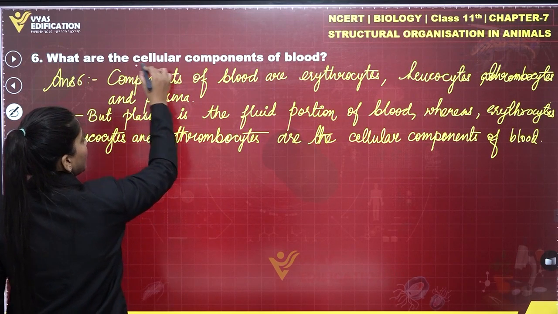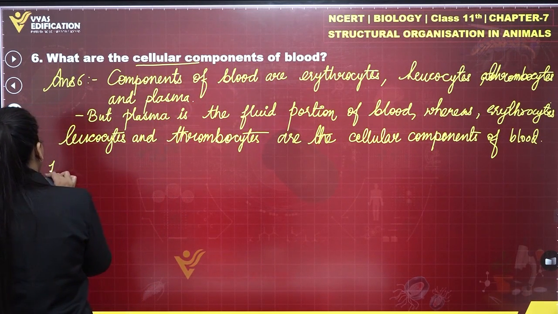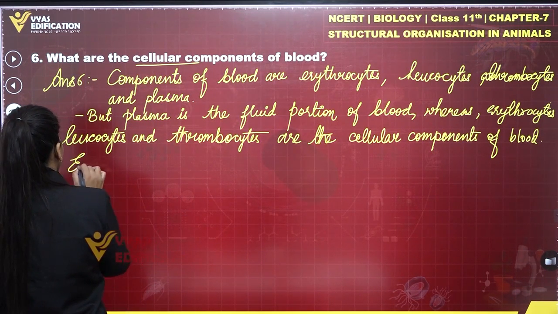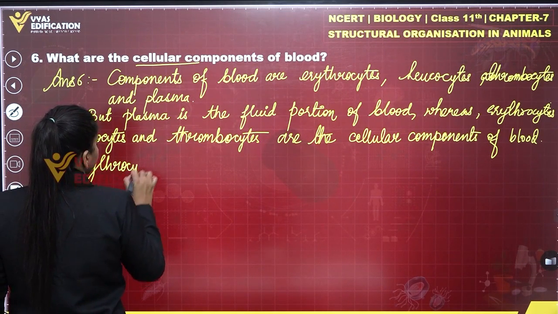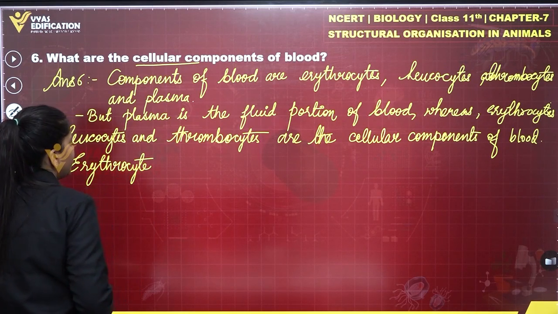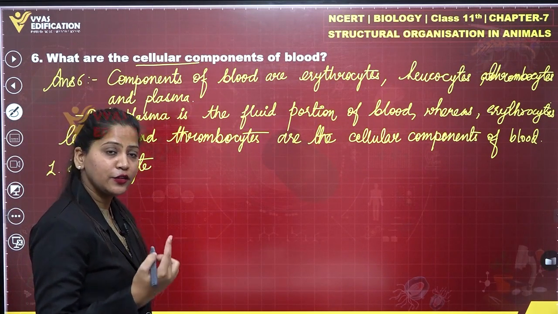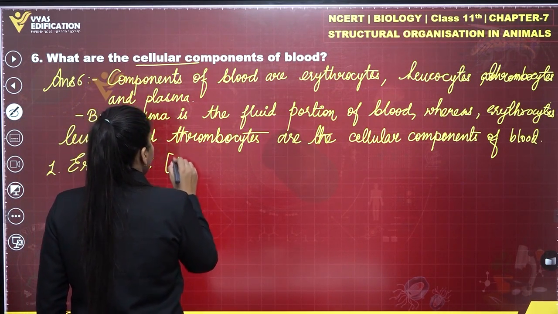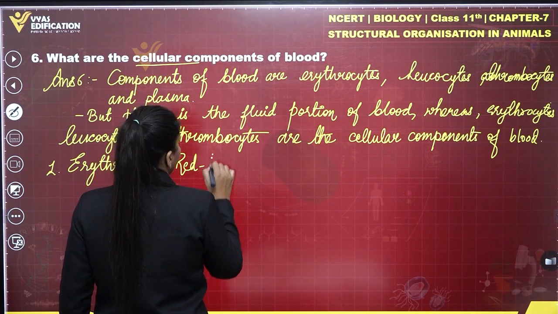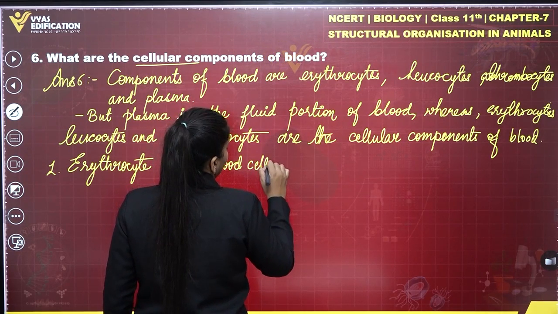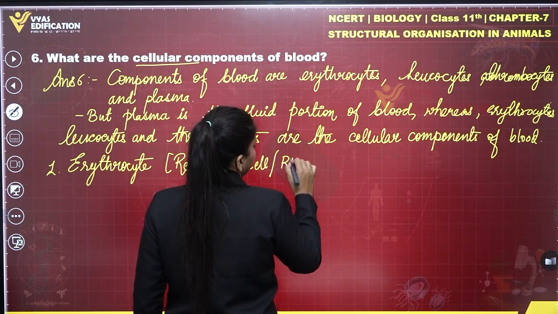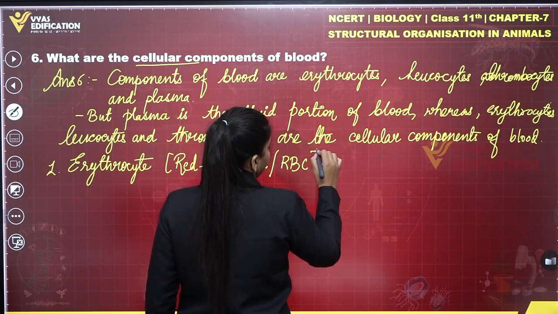Now let's talk about the cellular components of blood. The first one we have is erythrocyte. If we talk about the first cellular component, that is erythrocyte, we can call it red blood cell, or RBC, right?